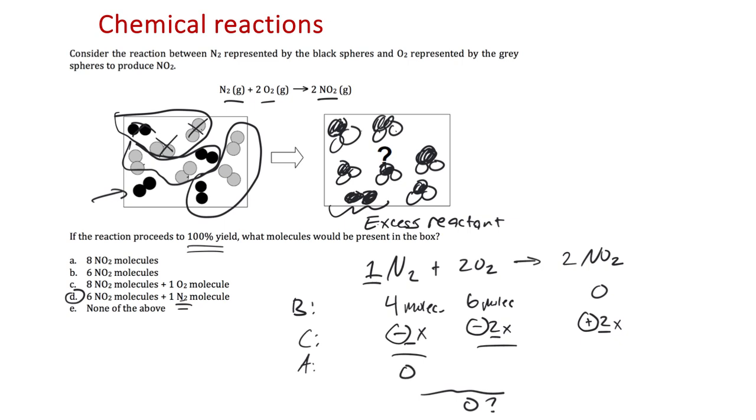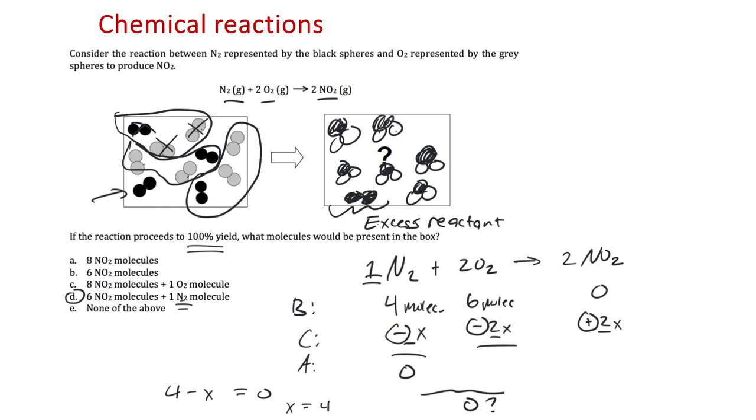So maybe we think, if N2 is 0, can I solve for X? If N2 is the limiting reactant, then 4 minus X is equal to 0, and X would have to be equal to 4. That's just a simple algebra problem.